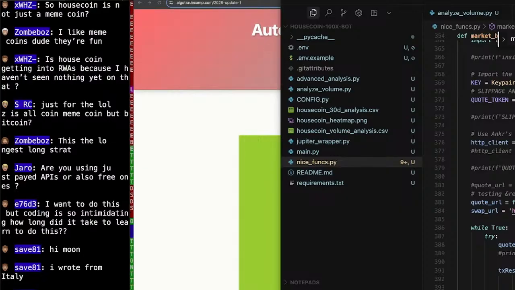Error and swap transaction. Also, when testing, conda activate tflow.